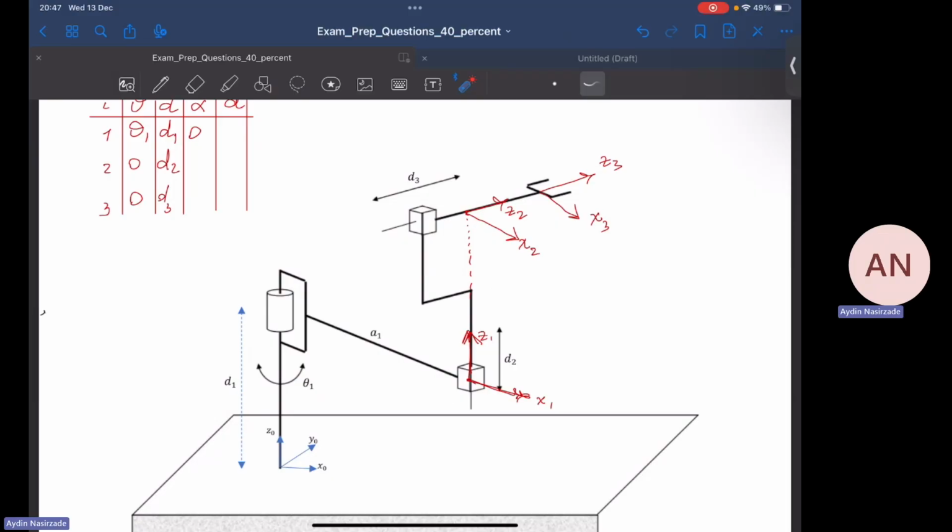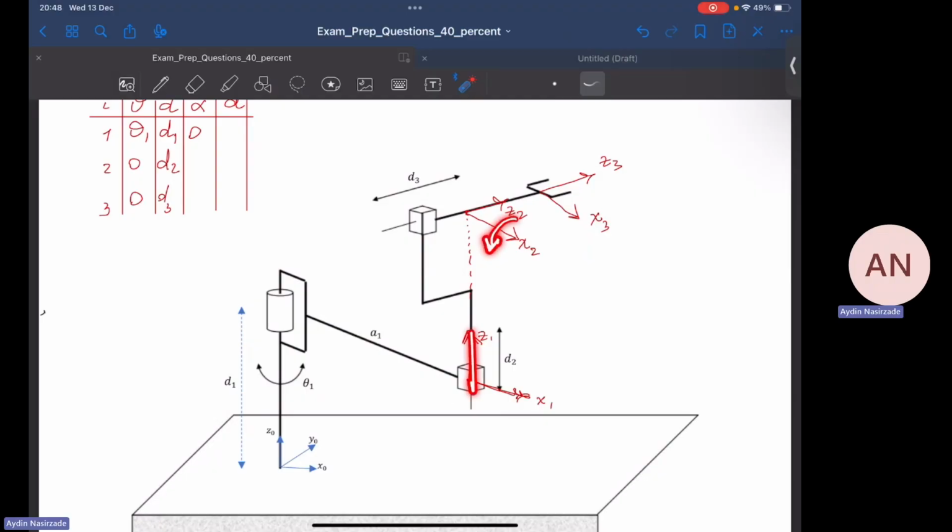This is x2, my right thumb will point in this direction, x2, and the curled four fingers show the direction of positive rotation around the x2 axis, which is this direction.